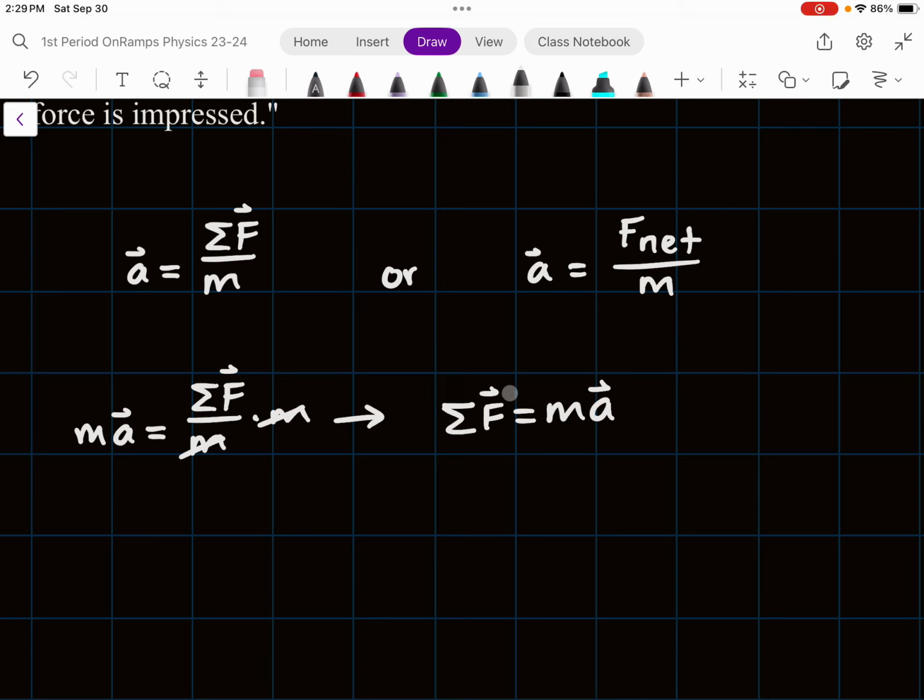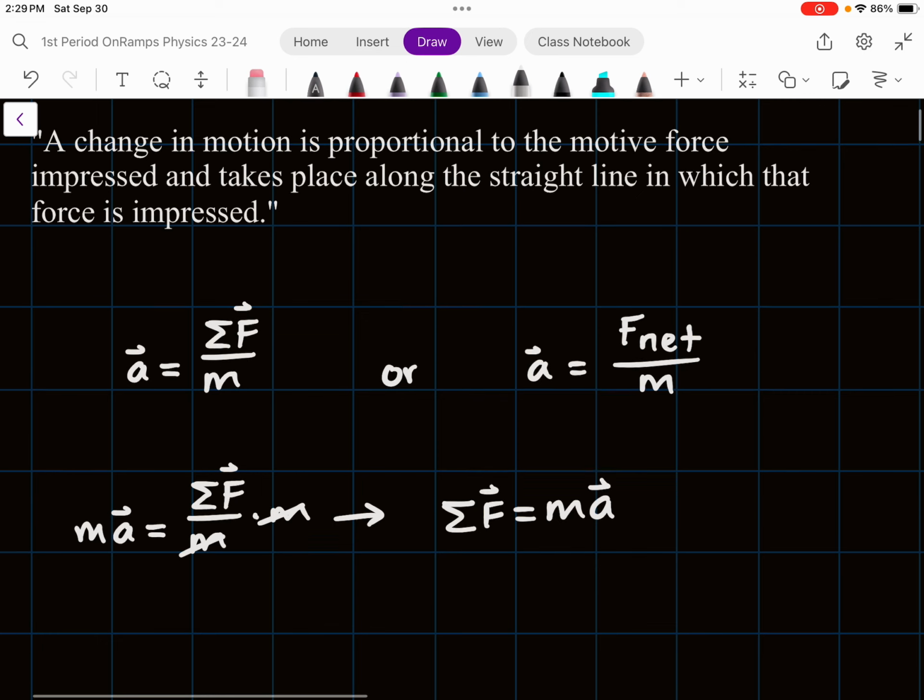But this is the way we'll use it because we have an algebra-based college class, so we have to use this one. And if we think about the text, a change in motion, that represents the acceleration, proportional to the motive force, and it takes place along the straight line in which that force is impressed.